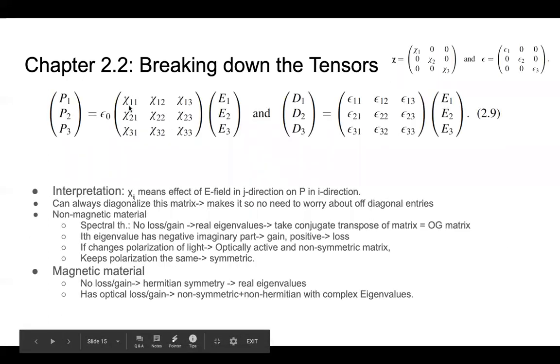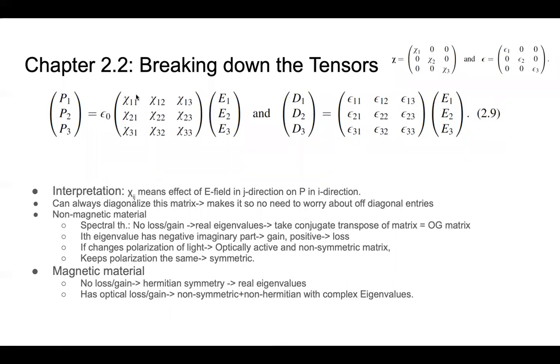If you have an anisotropic material, the electric field in the x direction will affect the polarization in the x direction. The electric field in the y direction will also affect the polarization in the x direction, and this relationship is given by the susceptibility chi 1,2, this element in the susceptibility matrix.